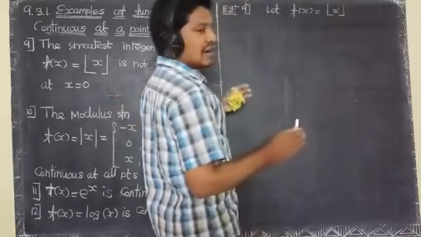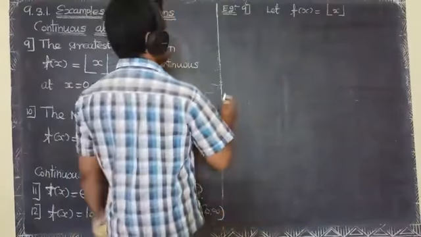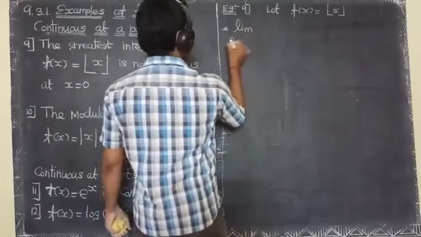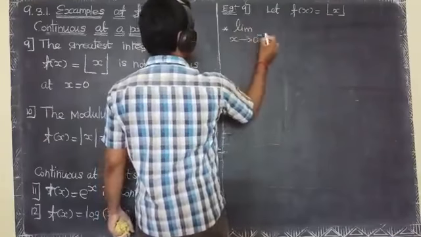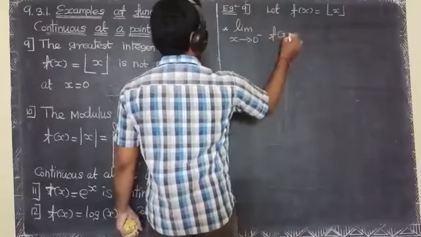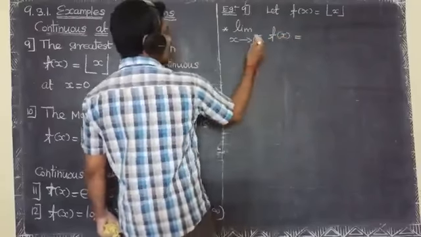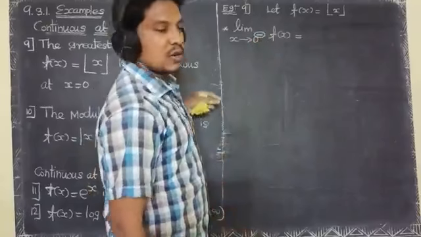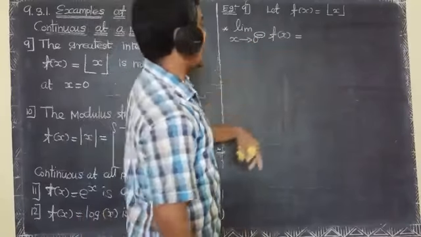To find the left-hand limit, that is limit x approaches 0 minus f of x, the minus sign represents x approaching 0 from the left-hand side.